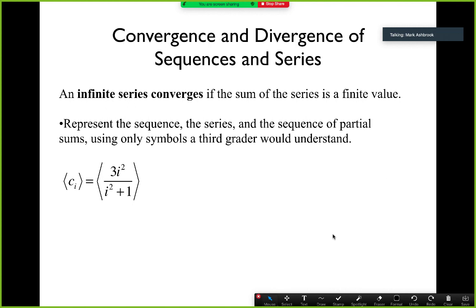And so we want to write out the sequence like a second grader would understand. Write out the series like a second grader would understand. Write out the sequence of partial sums like a second grader would understand. So what would those three things be? Could you do it?